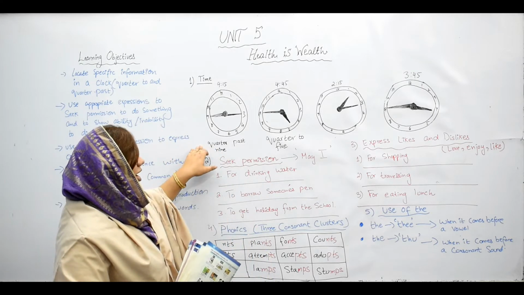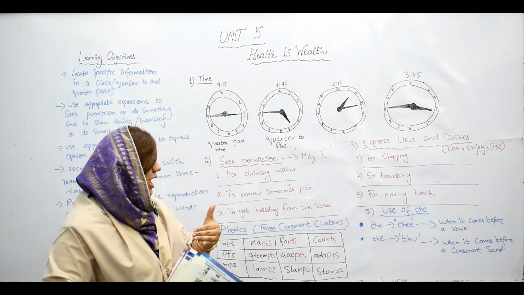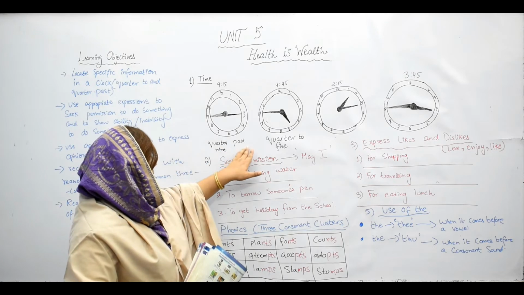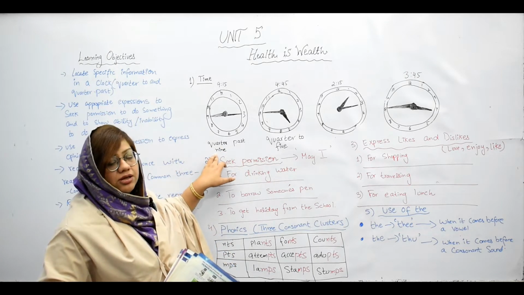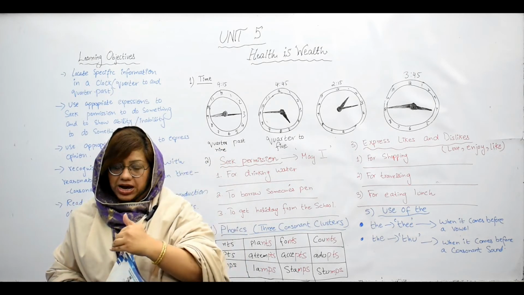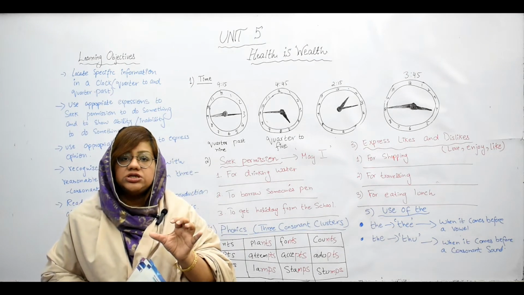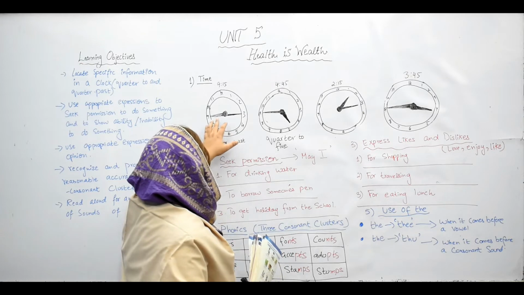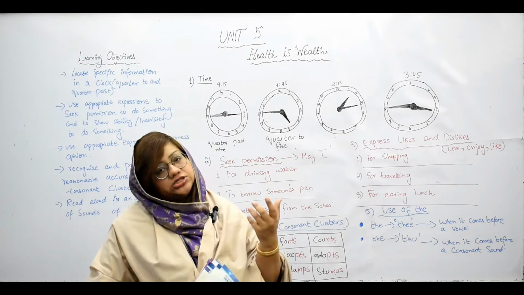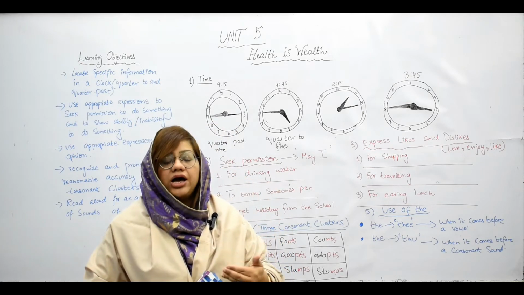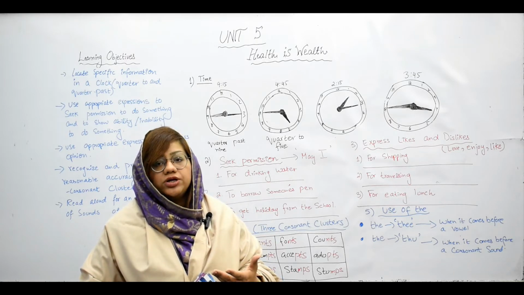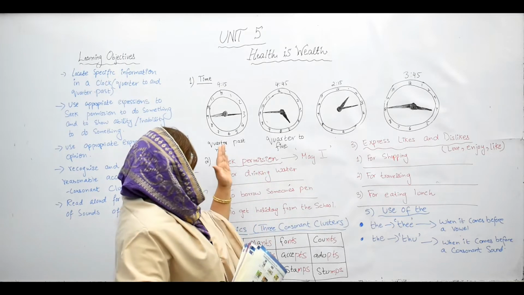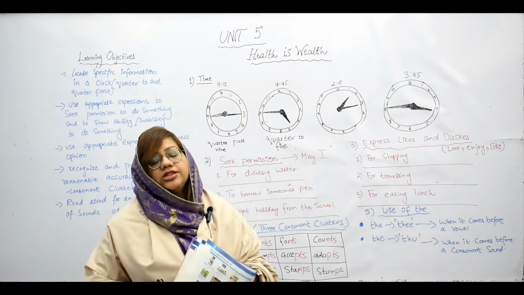So we can read this time as quarter past 9. When a time is past, then we use the term past: quarter past, and whatever the time is located, either 9, 8, or 7. It's up to the required time mentioned in the clock.